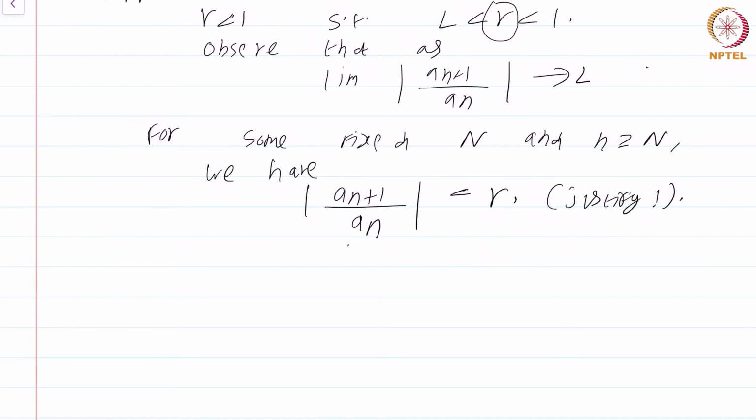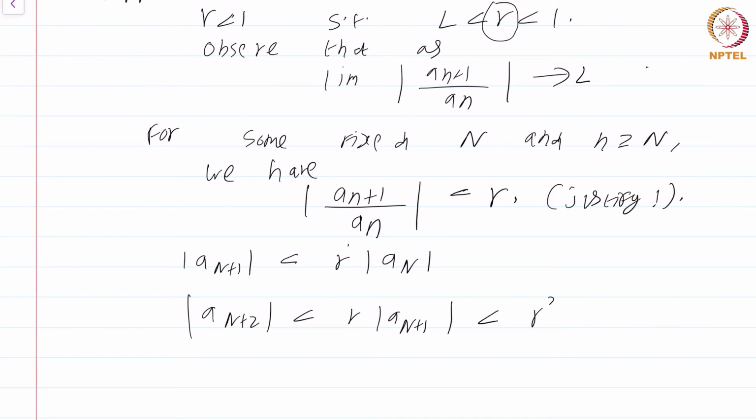Well, this shows that mod a_{n+1} is less than r times mod a_n, right? Similarly, a_{n+2} is less than r times mod a_{n+1}, which is less than r squared times mod a_n.